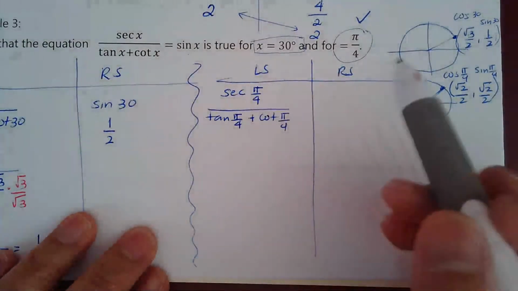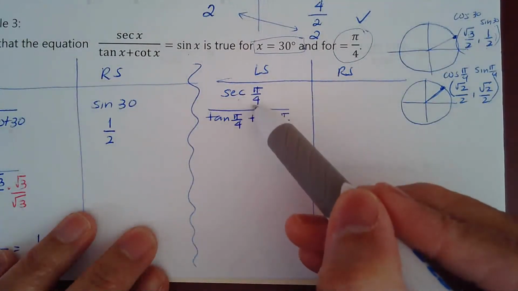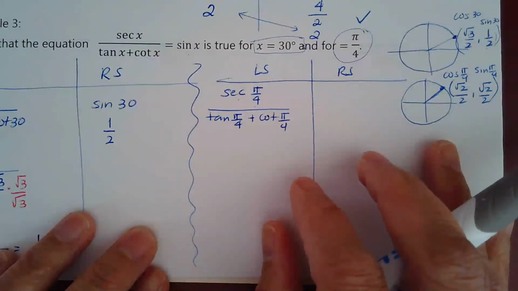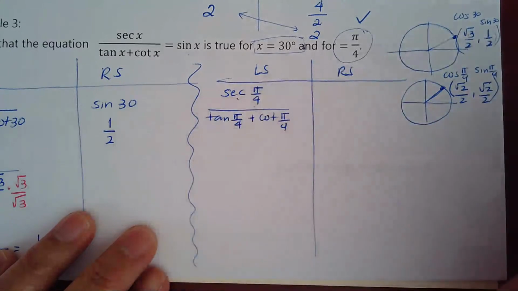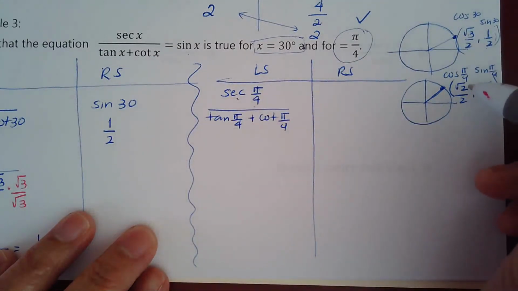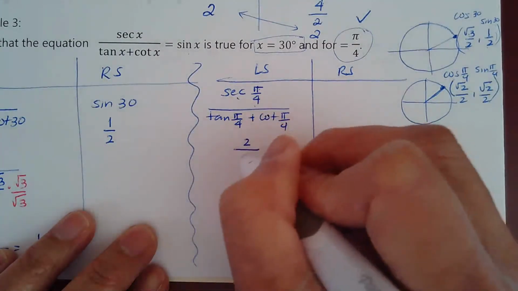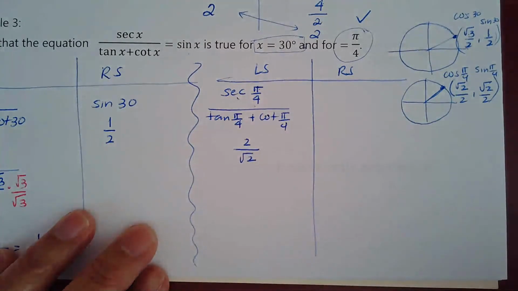Well, what's secant of pi by 4? Secant is the reciprocal of cosine. So the cosine is root 2 over 2, and the reciprocal of that would be 2 over root of 2.